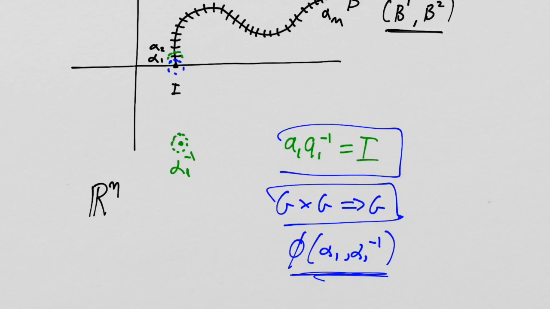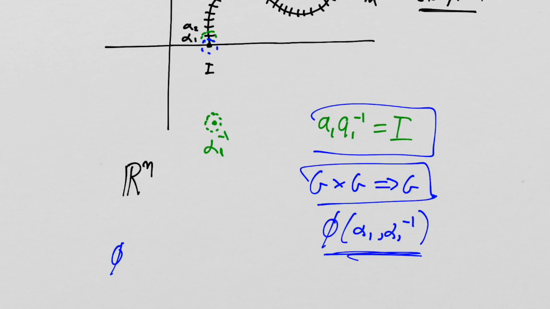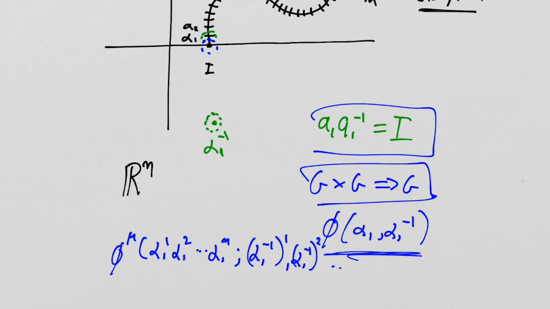So literally, the continuous object here is phi mu of alpha 1 superscript 1, alpha 1 superscript 2, dot dot dot, alpha 1 superscript eta, semicolon, alpha 1 inverse superscript 1, alpha 1 inverse superscript 2, dot dot dot, alpha 1 inverse superscript eta, right?